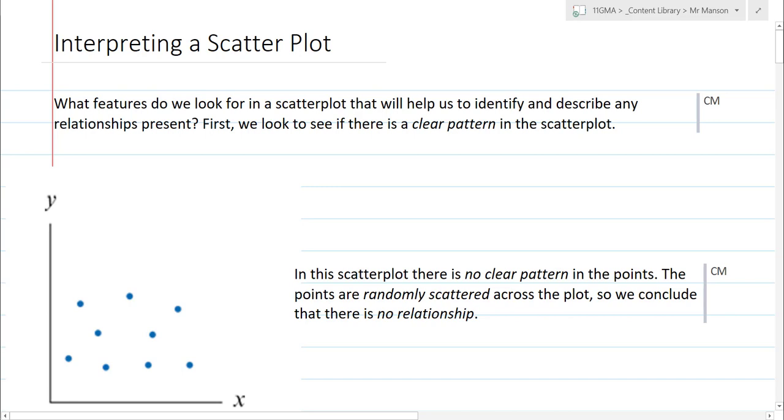Scatter plots, just to remind you, hopefully you know, a scatter plot is the name we give to a plot that represents bivariate data. Bivariate data starts with BI, which means 2. So it's that Latin prefix for 2. So when we talk about bivariate data, we have 2 variables. And we put them on a scatter plot because that's the best way to represent 2 connected variables. They might not be correlated, but they are connected.